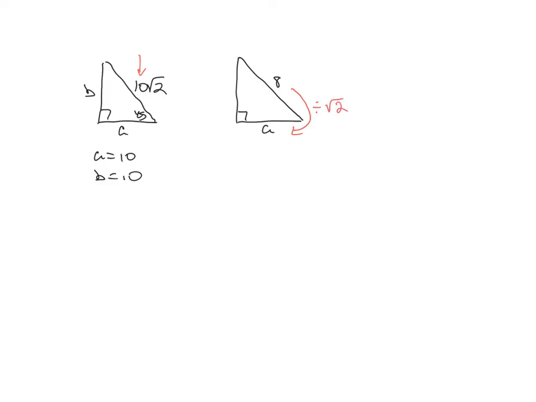And this is where the problem becomes the hard version of the problem. Okay, so you would really do 8 divided by square root of 2 like that.